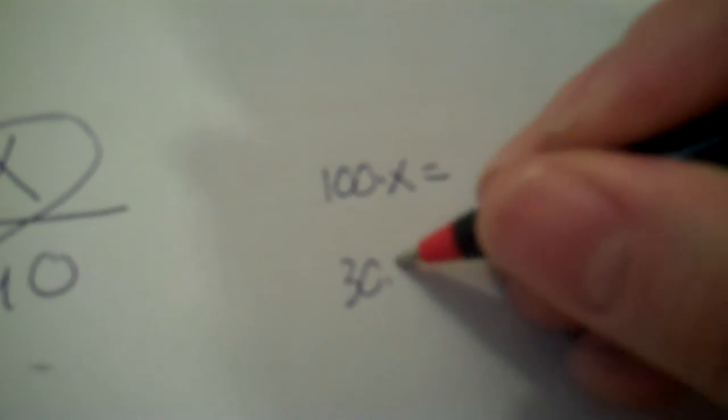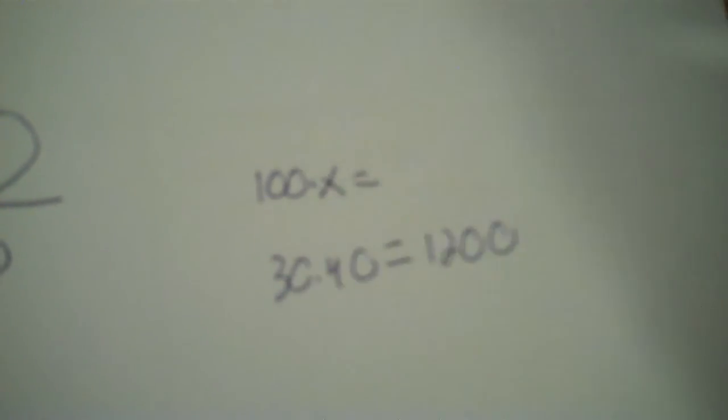So we know that 100 times X is equal to 30 times 40. So 100 times X, that would just be 100 times X. And then 30 multiplied by 40 would be 1,200, so 1200.